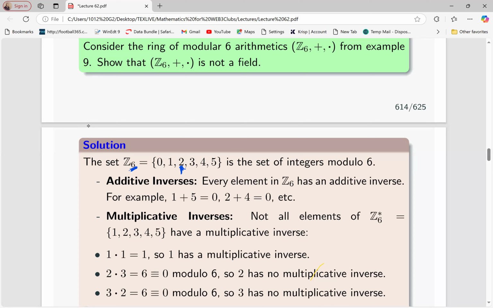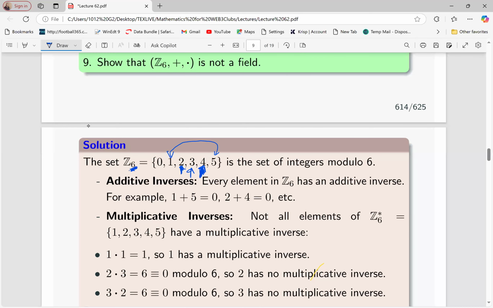I'm not expecting it to have a multiplicative inverse. Even this is not relatively prime to 6. Any element that is not relatively prime to 6, I don't expect it to have a multiplicative inverse. The only elements I expect to have multiplicative inverses are 5 and 1.